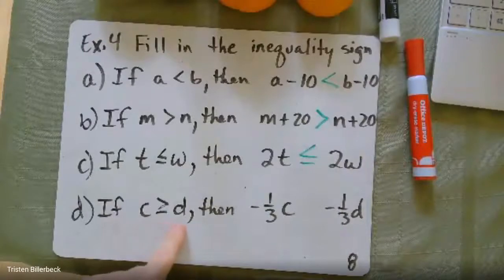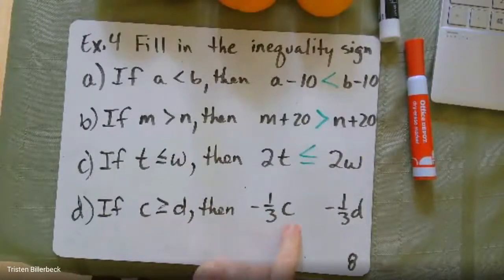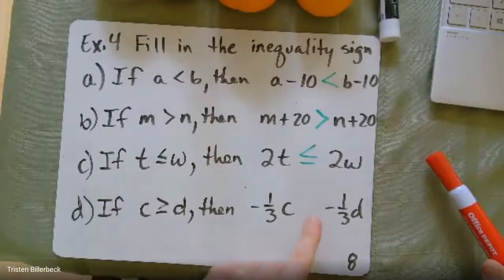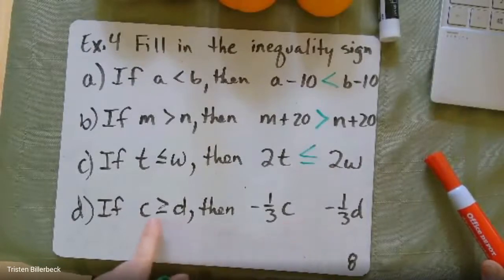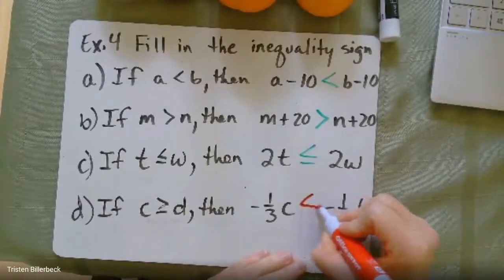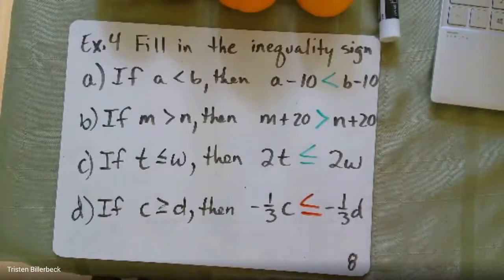If C is greater than D, then negative 1/3 C and negative 1/3 D. Wait a second. There's a negative. So we have to do something. If C is greater than D, then we flip the sign. We're not going to be fooled. So let's try it out because that was a little hairy.